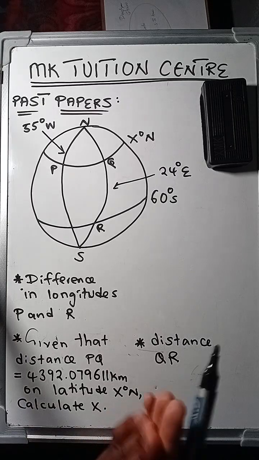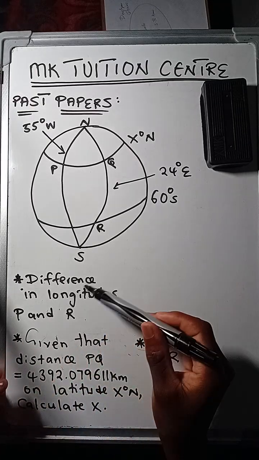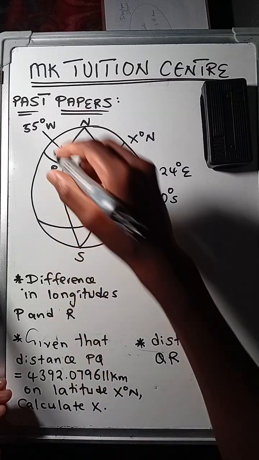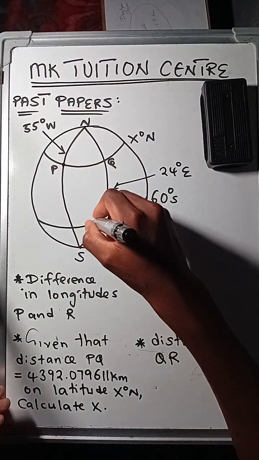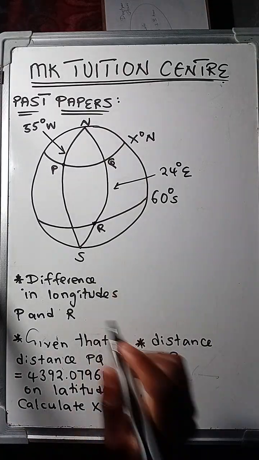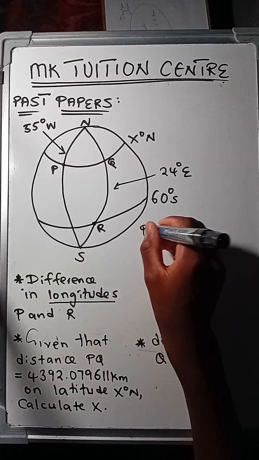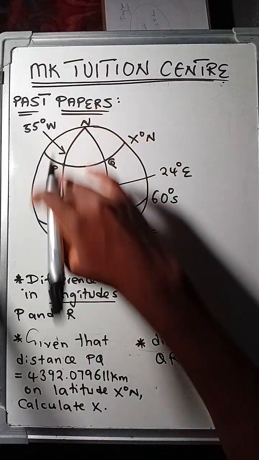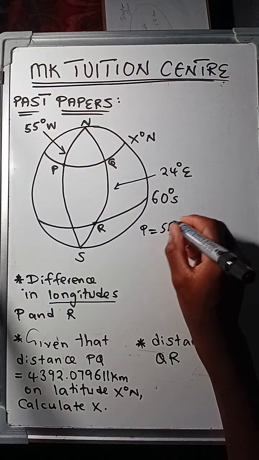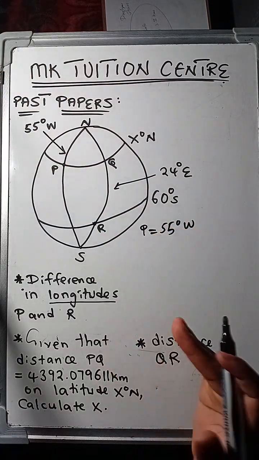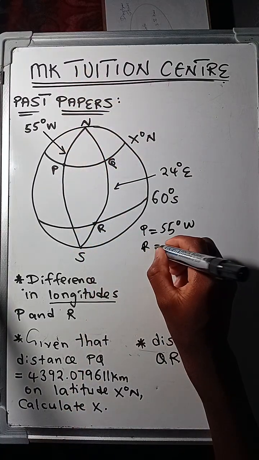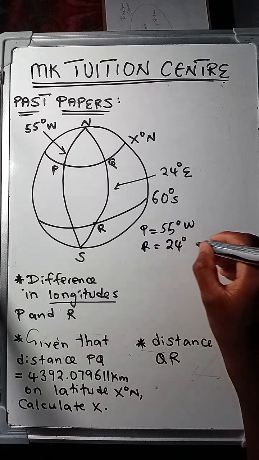All right, what are we looking for? We're looking for the difference in longitudes between P and R. P is on the longitude 55 degrees west, and then R is on 24 degrees east.